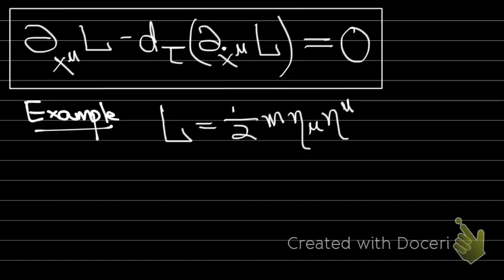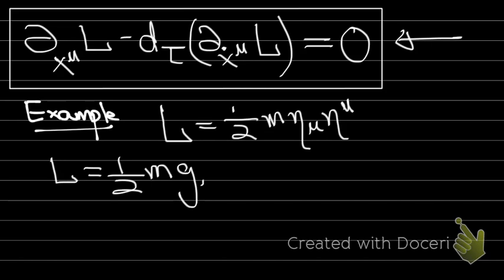If you recall the Euler-Lagrange equation that we have just written above, you don't have to recall, just look above. We are going to use this to solve for the equation of motion. Note that we may write this Lagrangian as equal to 1/2 m times g mu nu of my eta mu times eta nu.